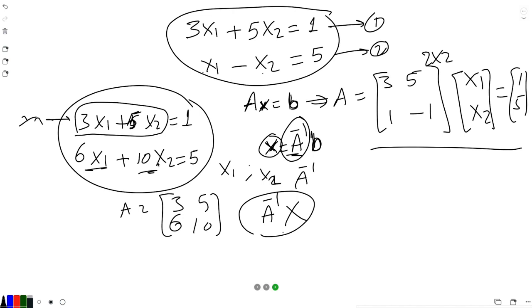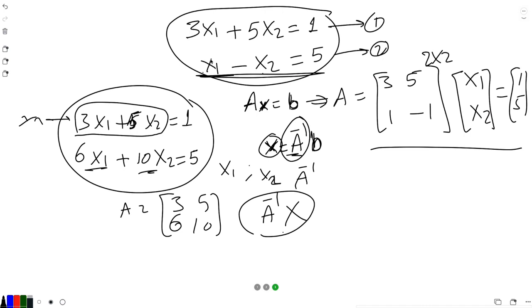So in this example, we have two equations in two unknowns, which means that we will have a single solution if the linear equations are independent. This is important to remember.